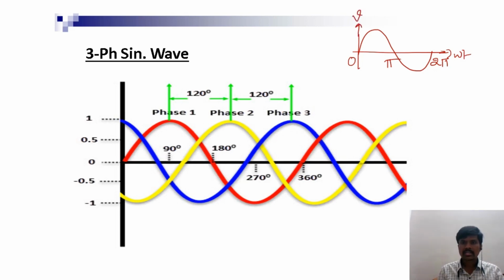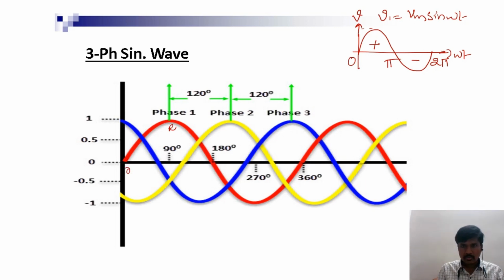It can be voltage or current, with a positive half cycle and a negative half cycle. This is the expression V1 = Vm sin omega t. Let us take the first one. Red is the first one.